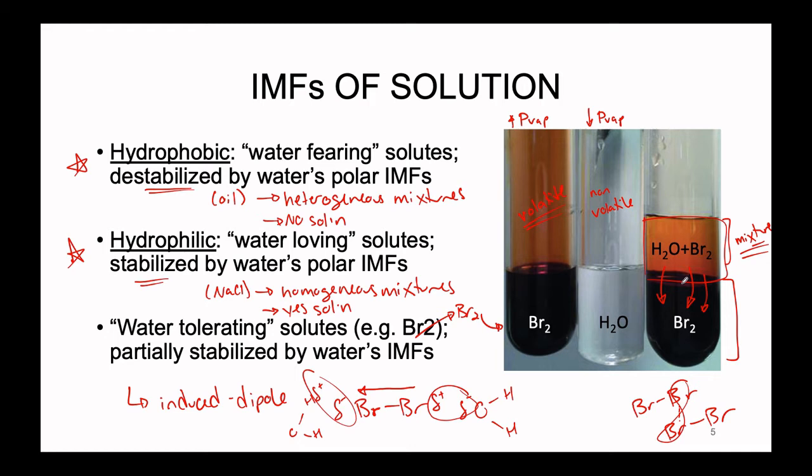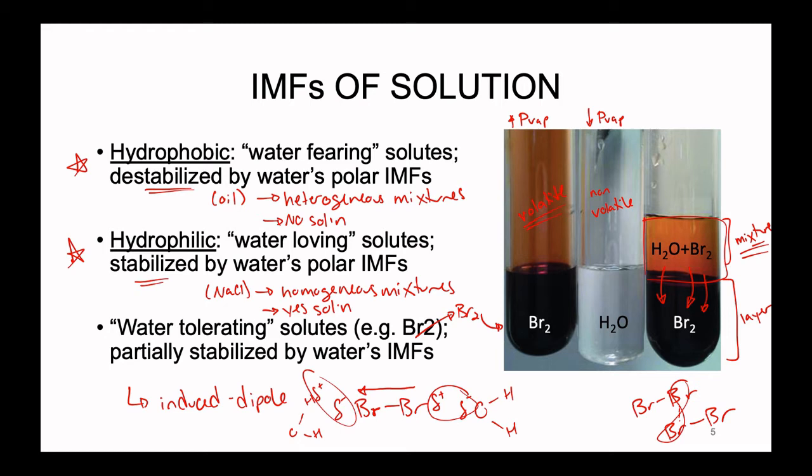However, the solution is going to become rapidly saturated. In other words, there will not be room for any extra bromine because all of these water molecules are going to have to coordinate so much with the bromine that there's not going to be space for all of the bromine. There are going to be some bromines that get away and form this separate layer, not in the solution, down below.